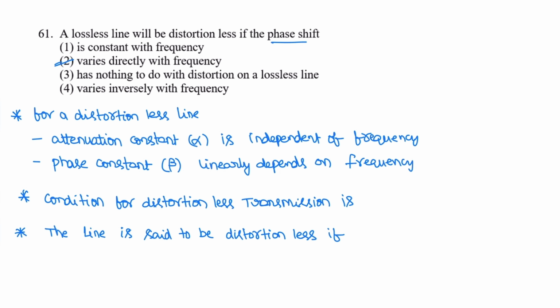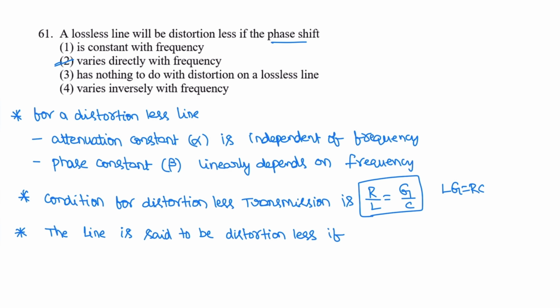So some more points. The condition for distortionless transmission is R by L is equal to G by C. So this is the condition for distortionless transmission. It can also be written as LG is equal to RC.